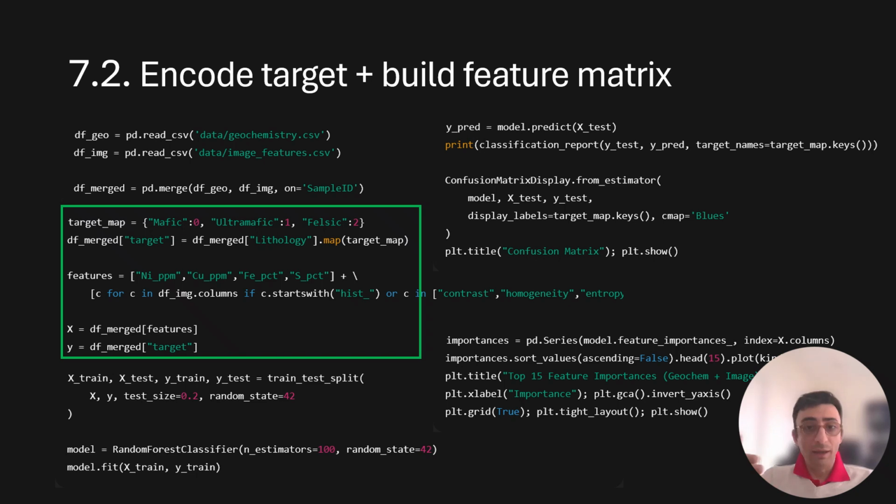Map labels to integers for the classifier. The feature set is 4 geochemistry columns plus image features, which are 48 histogram bins and 3 GLCM stats. We select columns from the merged table, so every row aligns with its target. Forests don't require scaling, bless them.